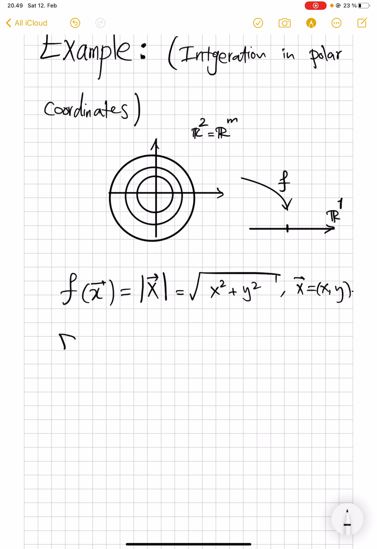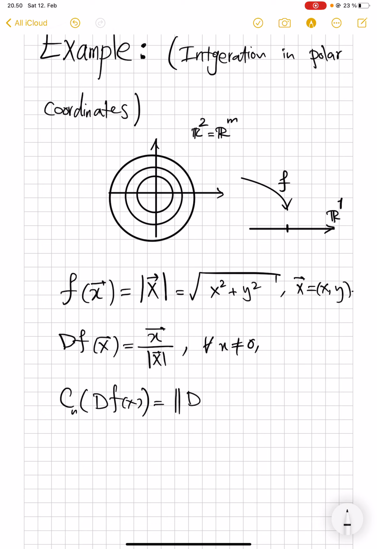Okay, gradient of f, or derivative of f at x tilde, is x tilde over absolute value of that for every x other than 0, from which it follows that the Coarea factor of d of f at x is just the norm of this, because it's just a column vector or row vector multiplying with its transpose and taking the derivative, and then square root is just back to the norm of the vector, and this will be equal to 1 whenever x is other than 0.